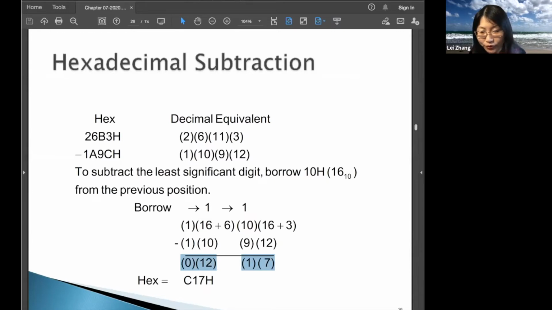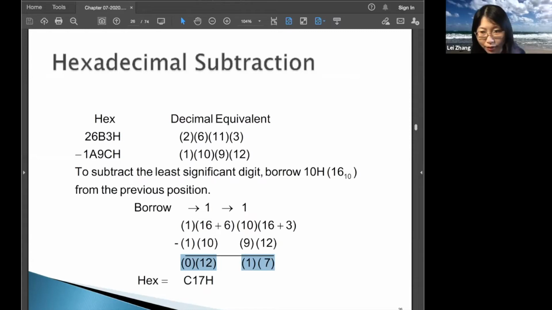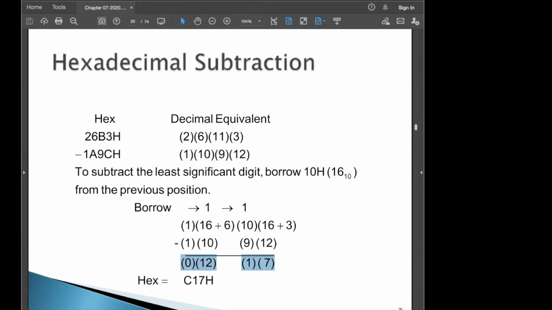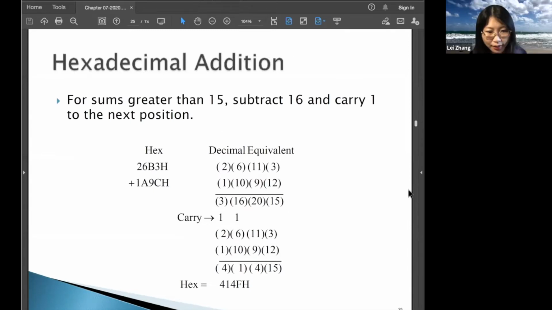Okay, Ria, since we are on this page, can you let me know where for the addition? On slide 25, should it be like if we had 16, would it be 0 carry 1?